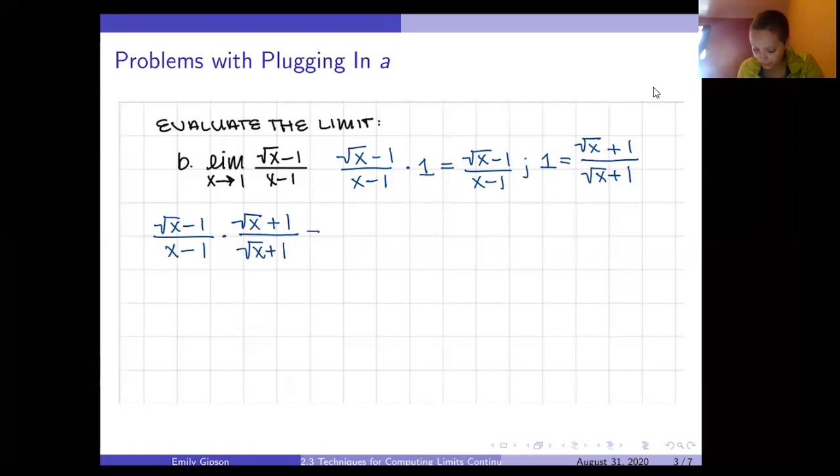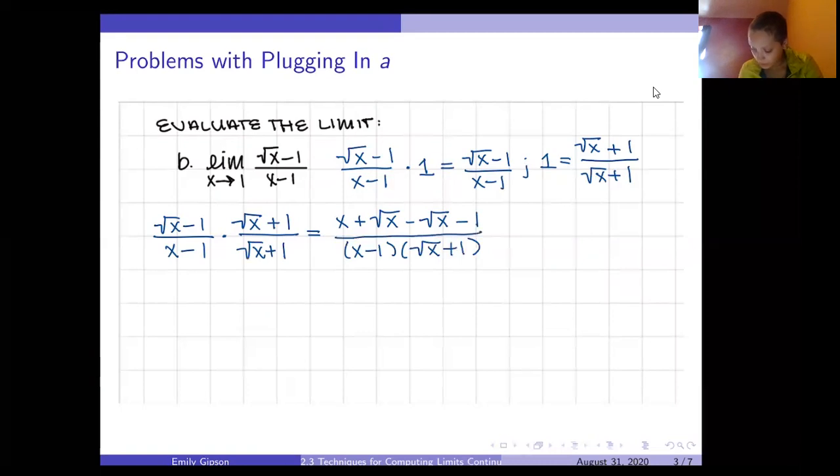And I'm going to get out of this x plus root x minus root x minus 1 over x minus 1 times root x plus 1.